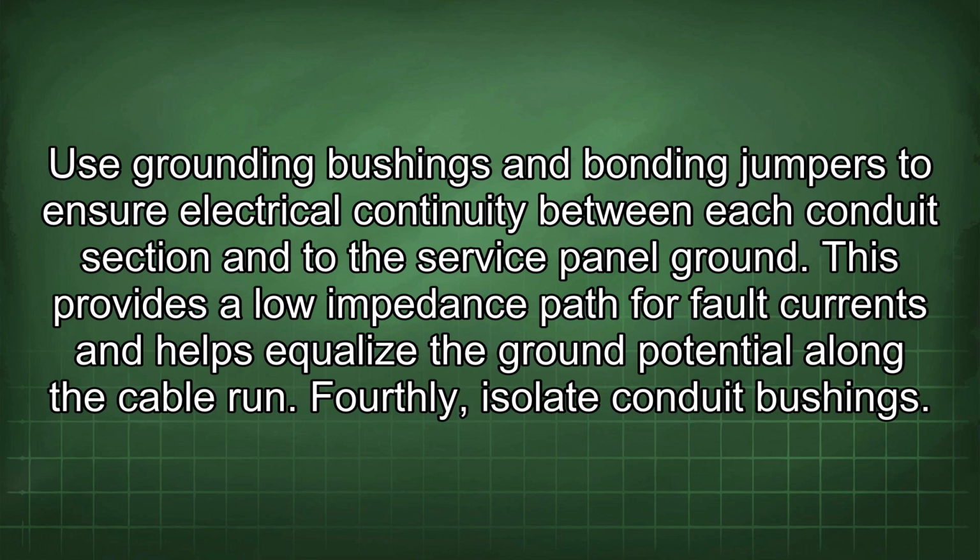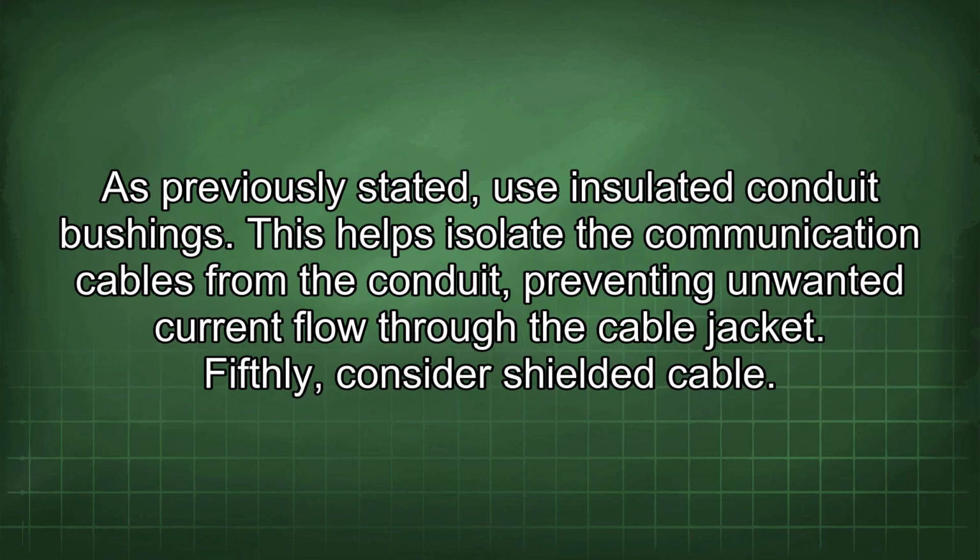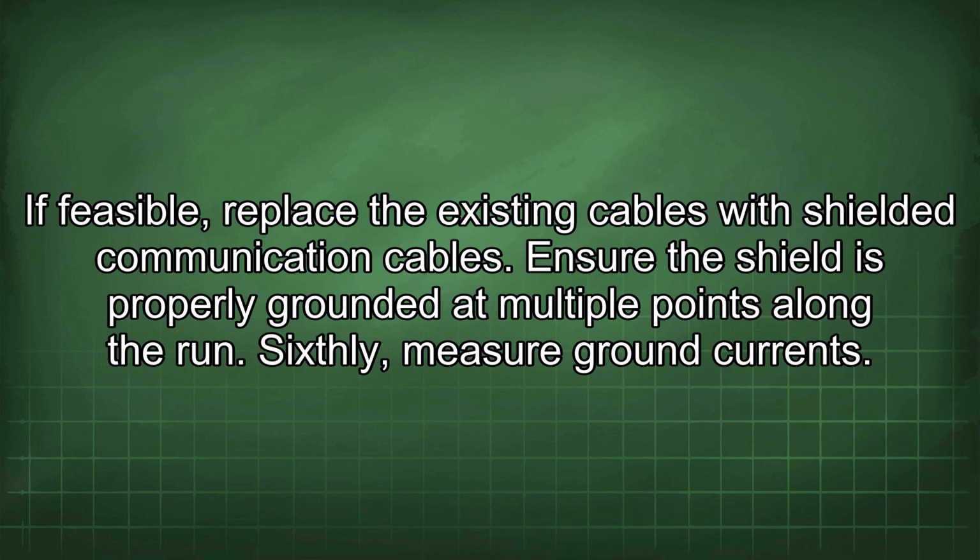Fourthly, isolate conduit bushings. As previously stated, use insulated conduit bushings. This helps isolate the communication cables from the conduit, preventing unwanted current flow through the cable jacket. Fifthly, consider shielded cable. If feasible, replace the existing cables with shielded communication cables. Ensure the shield is properly grounded at multiple points along the run.